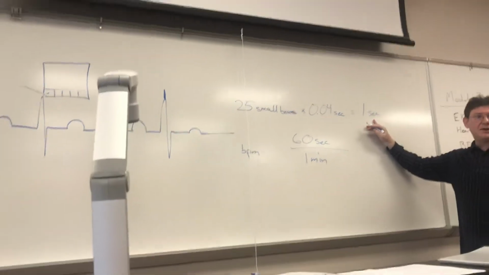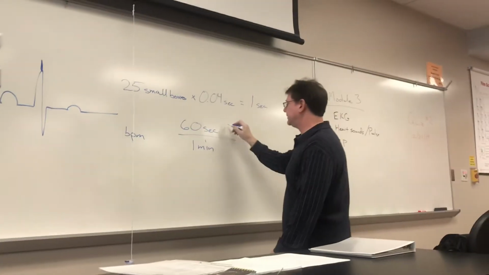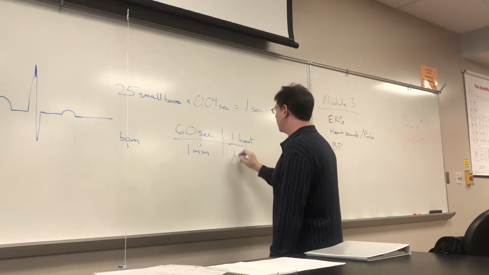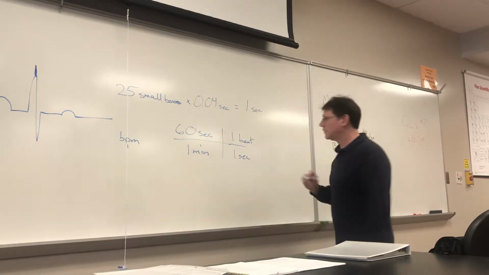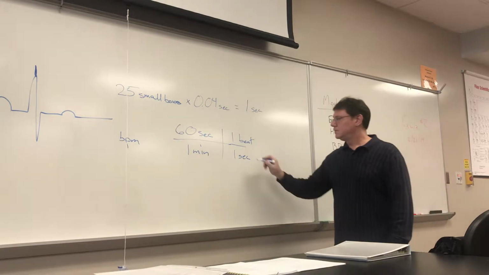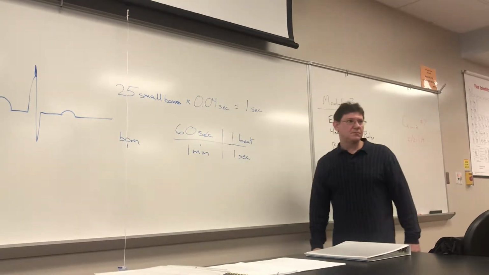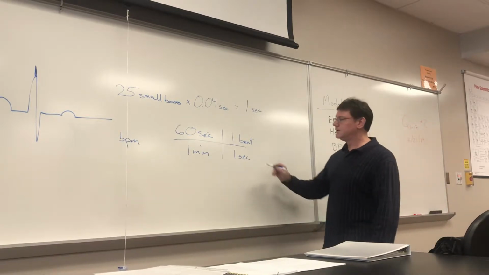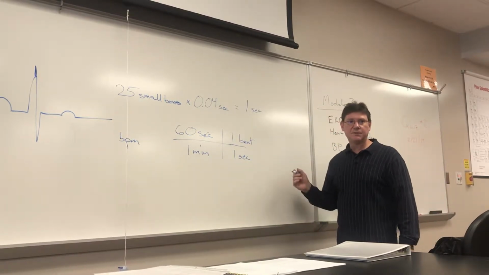We know that our one heartbeat took 1 second. Those units are lost because they cancel each other. So 60 divided by 1 is equal to 60.